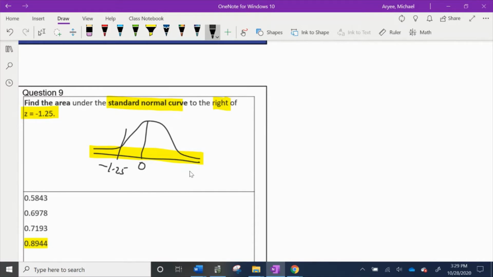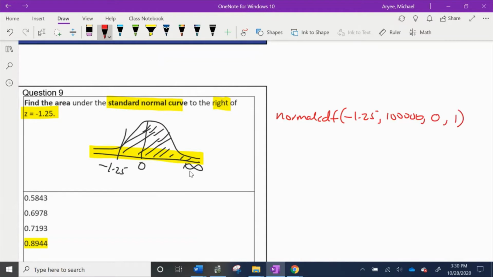And they are saying to the right, so you shade all the way to the right, going to infinity. So then we could do normal CDF from negative 1.25 to 1 million. Standard normal, so this is 0 and 1. And then I believe you will get this value. We good?